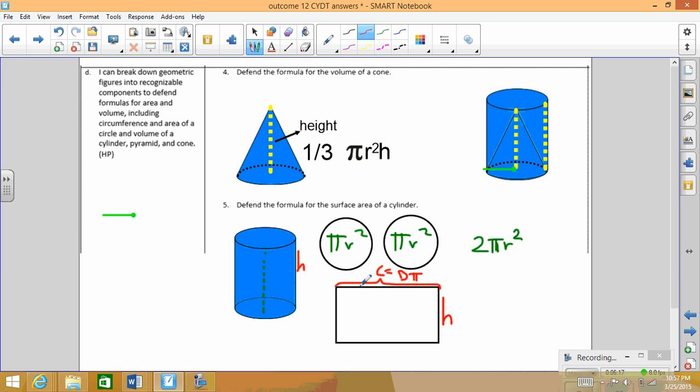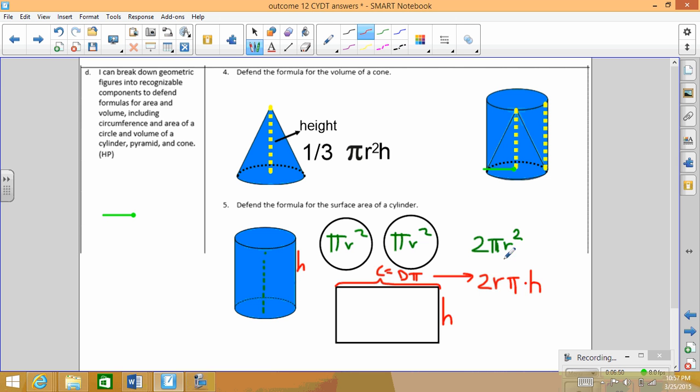So again, this length here comes from the distance totally around this circle, which is called the circumference. And that's measured by diameter times pi. Or it can be written as 2r times pi. And then to get the total area, you continue to multiply that by that h.